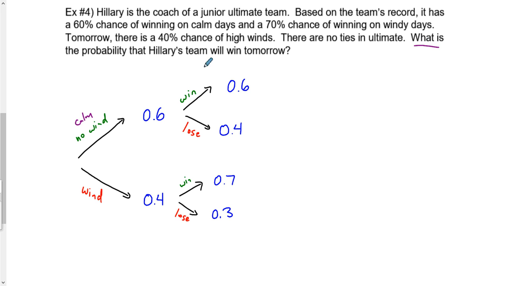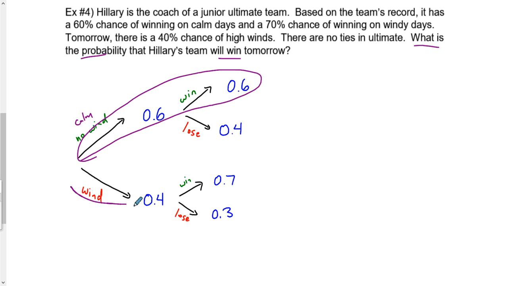What is the probability that Hillary's team will win? We have two situations here. We can have no wind and have a win, or we could have wind and we could win. I'm just going to move that slightly down just to have the numbers in there.